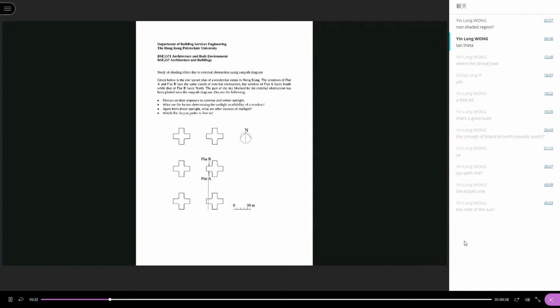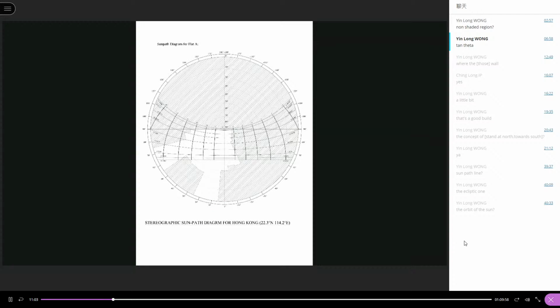Then we may divide the layout into many more sectors. I used 10 degree. I divide the external view of the flat for every 10 degree, and every 10 degree I calculate the angle theta. Like this angle, for this angle maybe around 45 degree. For this sector, I calculate the angle to be maybe around 25.